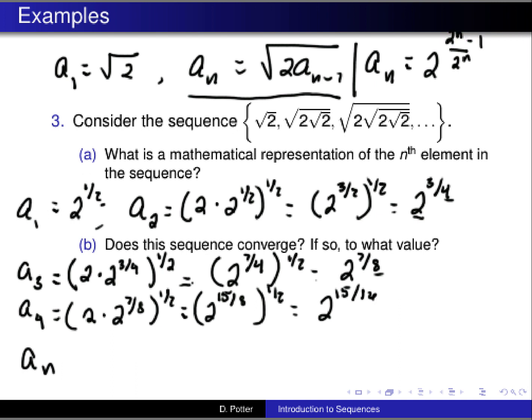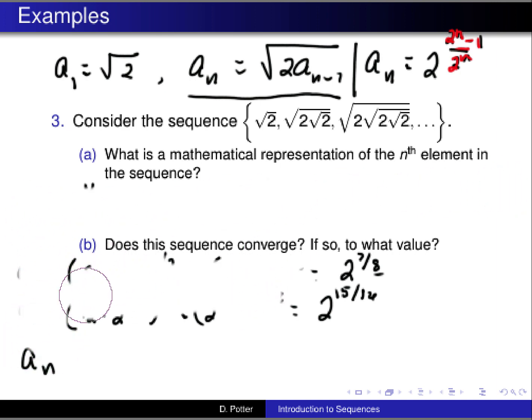That's getting a little dark. Let's write that again. So 2 to the n minus 1 over 2 to the n, right? So there's our power. Let me clean this up so I can have some room here.